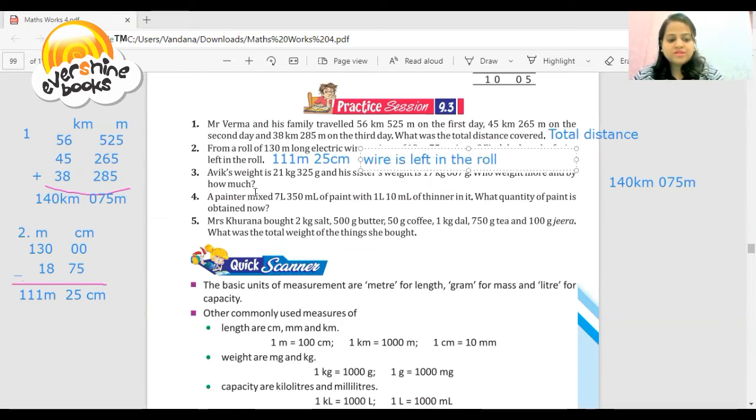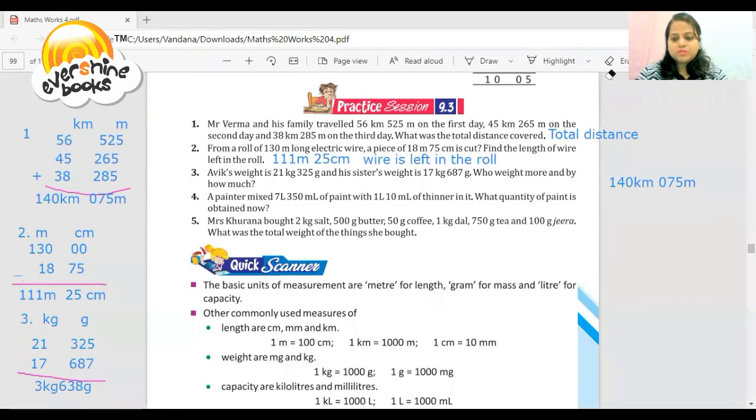Now come to this third question. Avik's weight is 21 kilogram 325 gram and his sister's weight is 17 kilogram 687 gram. Whose weight is more and by how much? Okay, so you have to write in the statement.